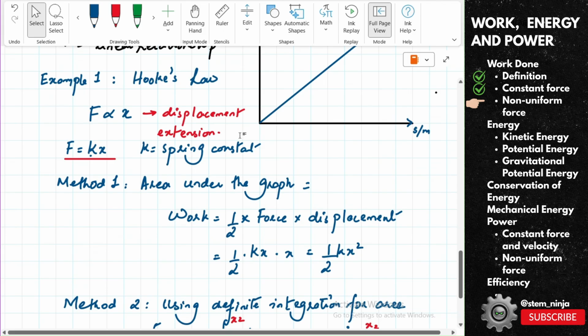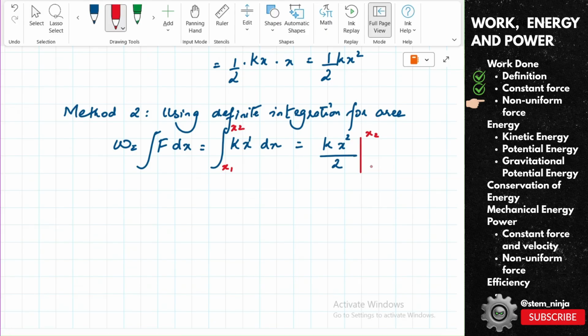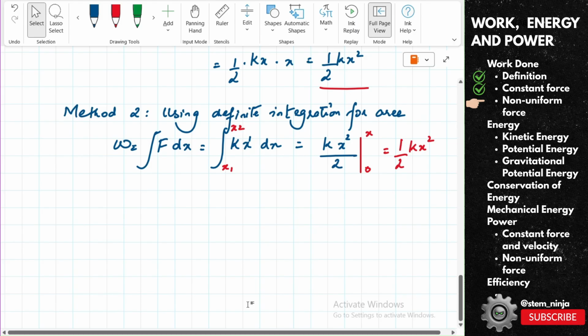More often we want to know from x equals 0, because this is the definition of proportionality. So 0 to x, you are left with half kx squared, same as what we had over here.